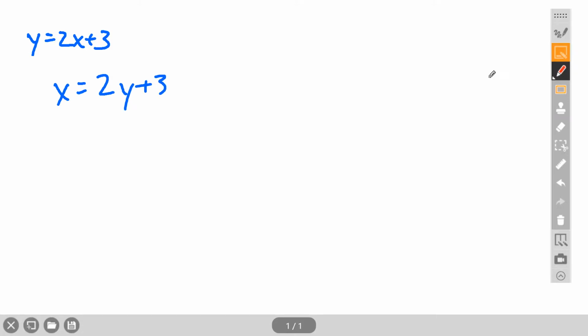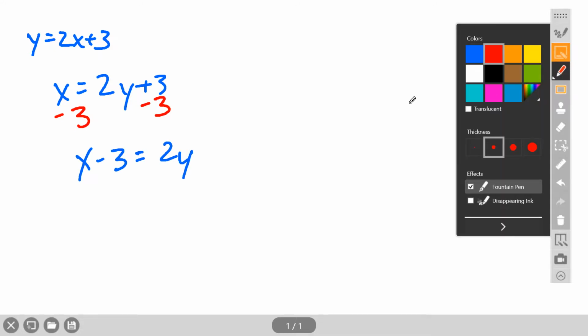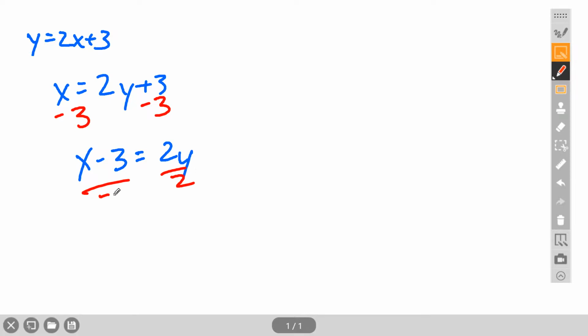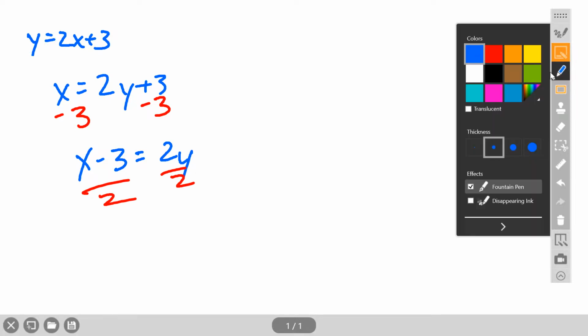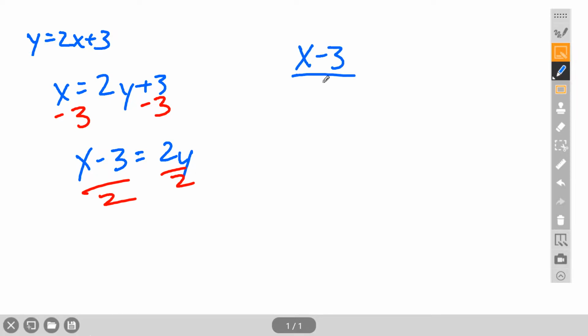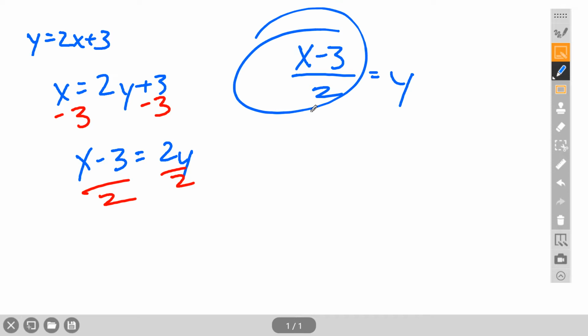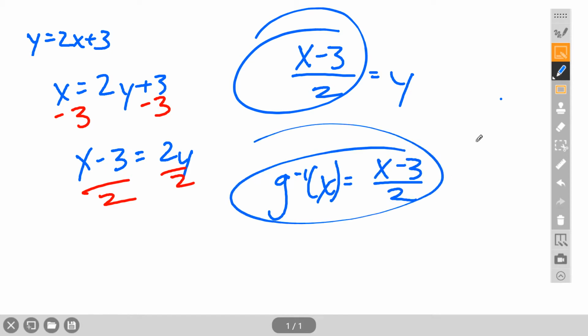And then we'll resolve this for y, which is the output. x minus 3 equals 2y. Divide by 2, and we get x minus 3 over 2 is equal to y. And that is our inverse function for g. So g inverse of x is x minus 3 over 2.